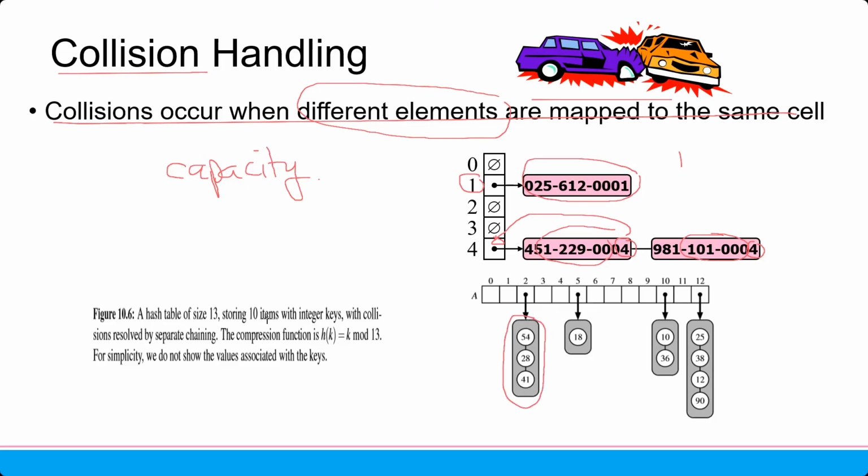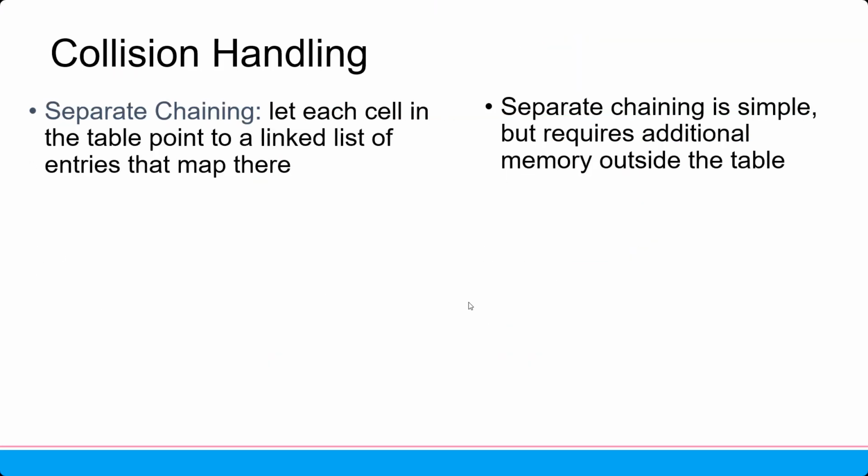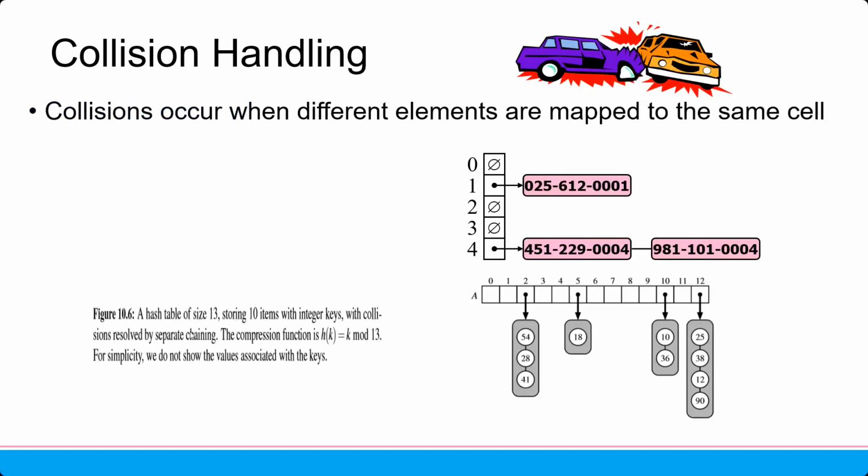So let's say we have 54. We have a table size of 13, so we have indices 0, 1, 2, 3 until 12.